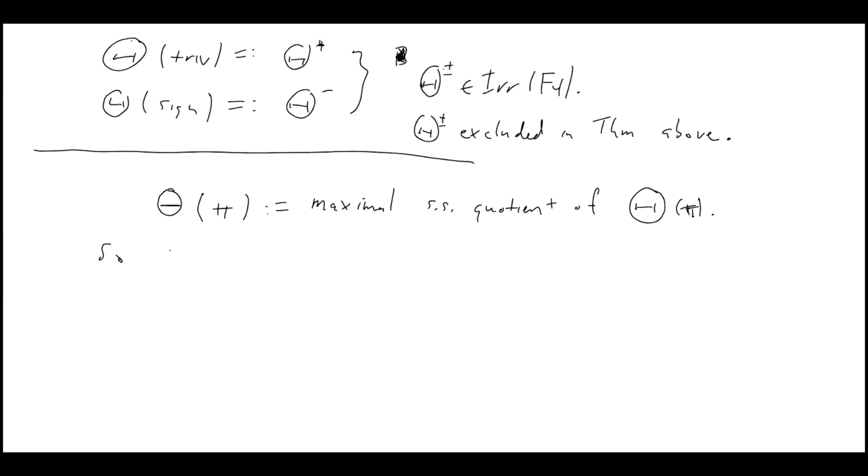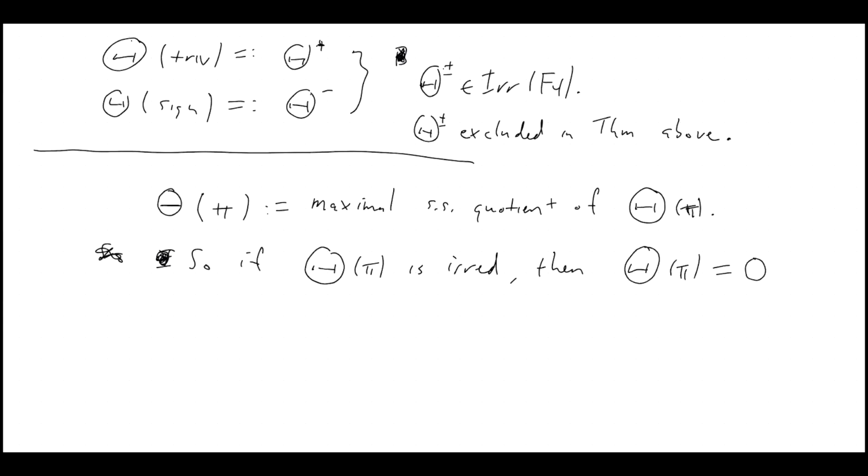So if big theta is irreducible, then it's already semi-simple. And so in fact, big theta will then just be exactly equal to little theta. Does that answer your question? Yeah, okay.